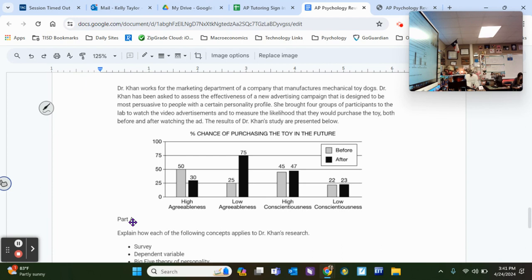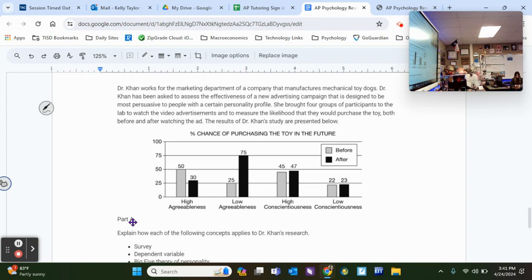She brought 4 groups of participants into the lab to watch video advertisements and to measure the likelihood that they would purchase the toy, both before and after watching the ad. The results are presented below. We have high agreeableness, low agreeableness, high conscientiousness, and low conscientiousness. The light bars are before watching the ad, and the darker bars are after.